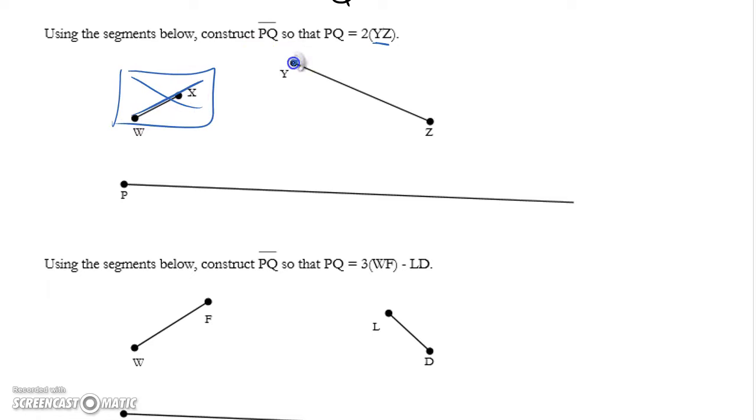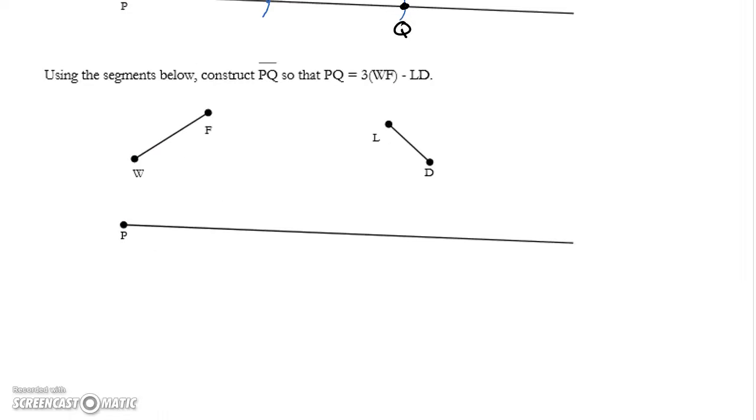I just need to measure with my compass the point of the compass at Y, the pencil opened up to Z, lock the hinge, put the point of the compass at P, make my first arc, move the compass so the point is on that arc, make my second arc. That second arc should be exactly where I put point Q, because I have segment YZ and segment YZ, two of them.